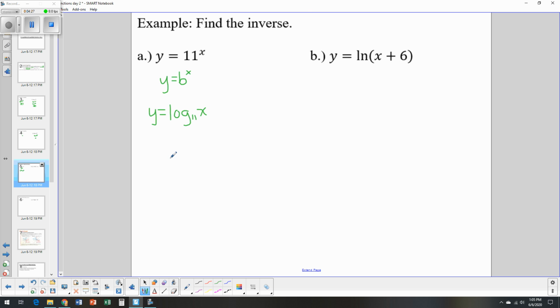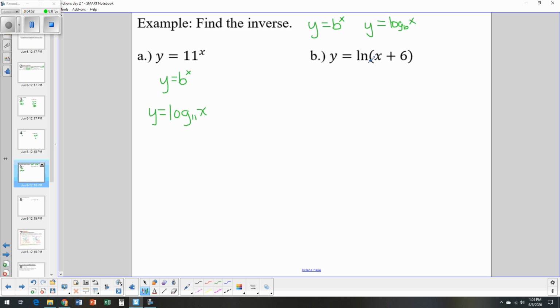And that's all I have to do. I'm going to write it up here again. y equals b to the x and y equals log base b of x are inverses. So as long as I have it written in one of those forms, I can automatically put it into the other one.